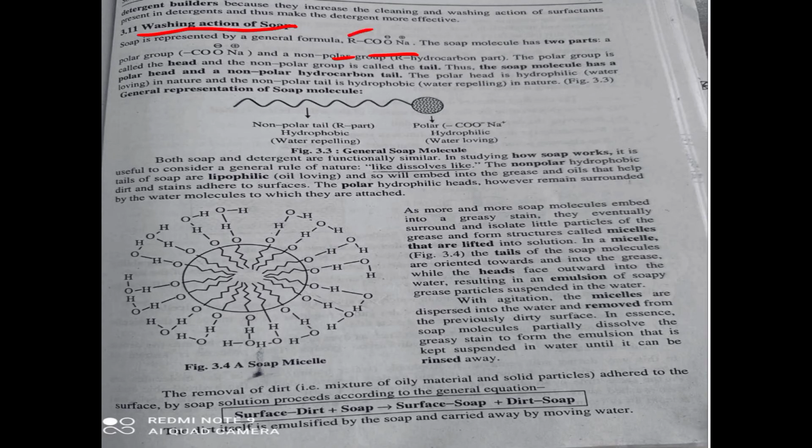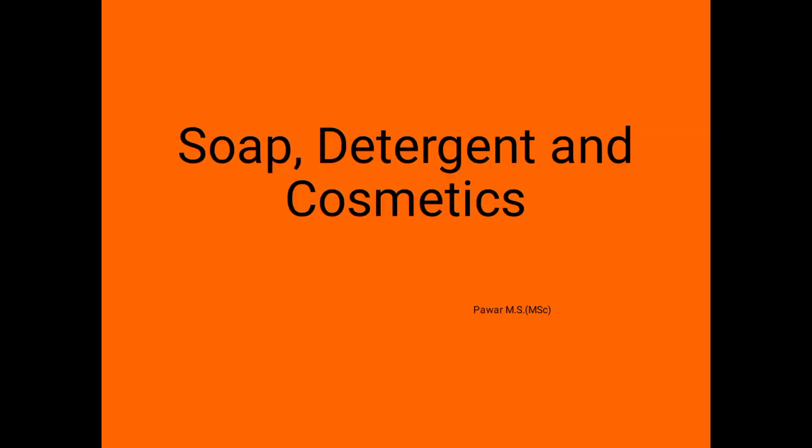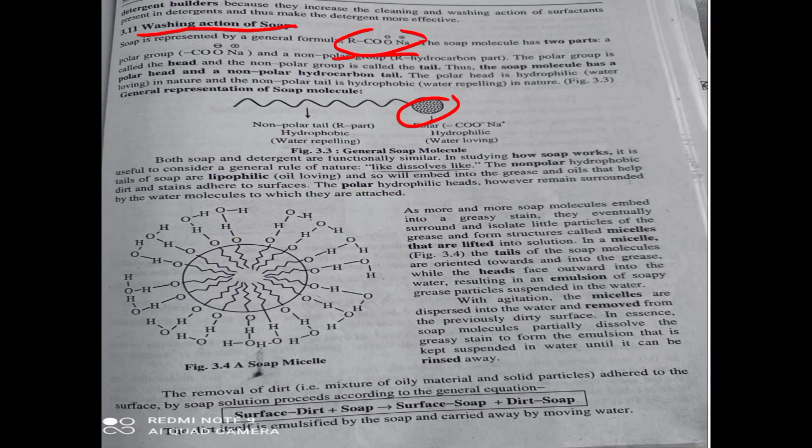The soap means RCO minus Na plus. This is the polar form containing CO minus Na plus, hydrophilic, water loving, and this tail is the non-polar R part, hydrophobic, that is water repelling. This is the representation of the general soap molecule.